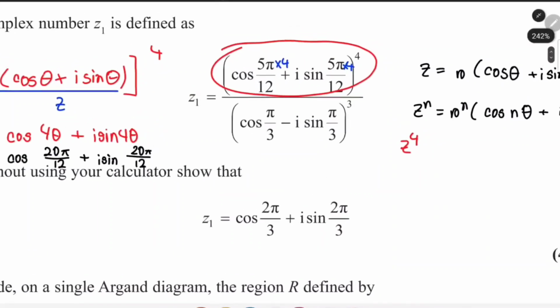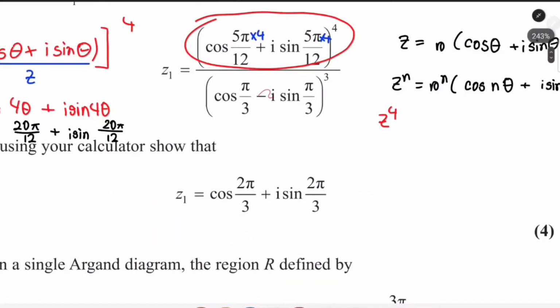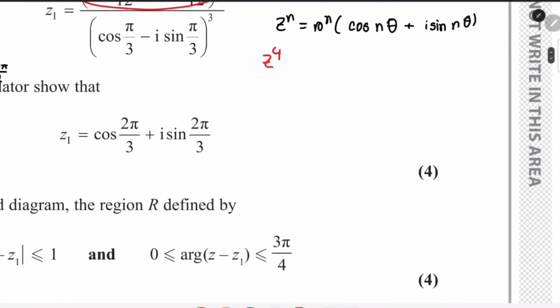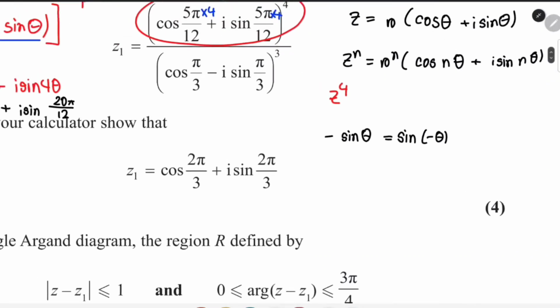We just have to make sure that this minus sign is changed. So I can do that by using this identity over here. Sine of minus theta is equal to minus sine theta. So I'll use the opposite one over here. So minus sine theta is sine minus theta, whereas cos theta and cos minus theta are the same thing.